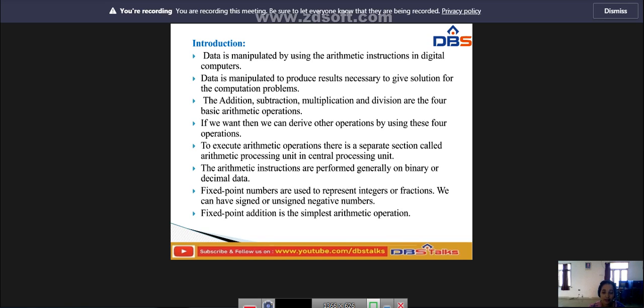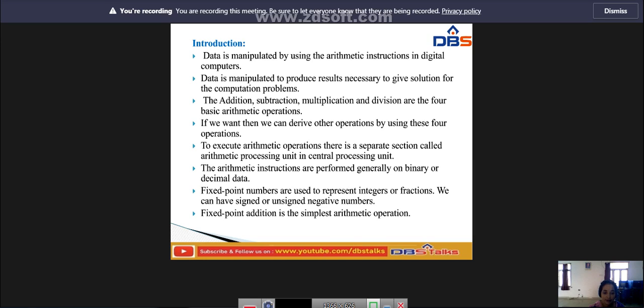Fixed point numbers are used to represent integers or fractions. Fixed point numbers means we have a fixed point, and they represent integers or fractions, which can be signed or unsigned negative numbers.